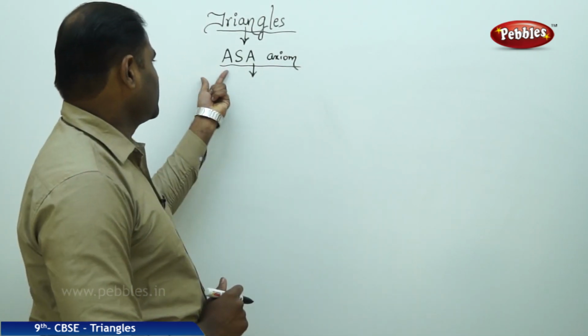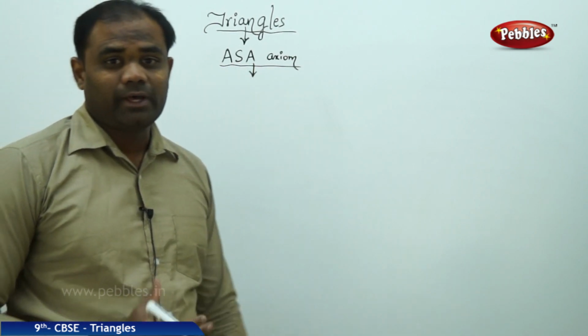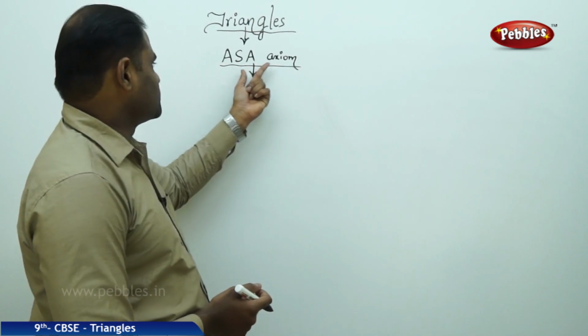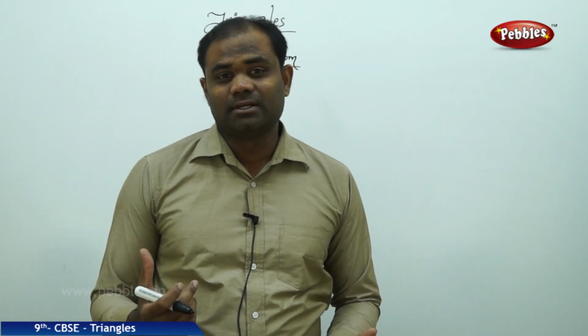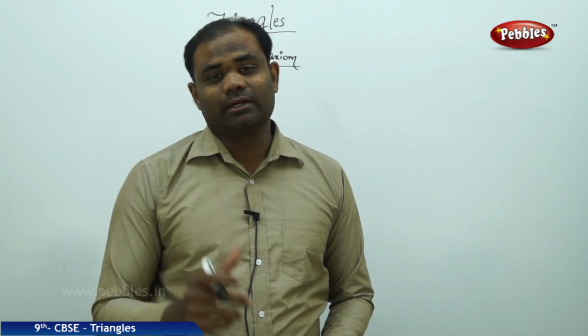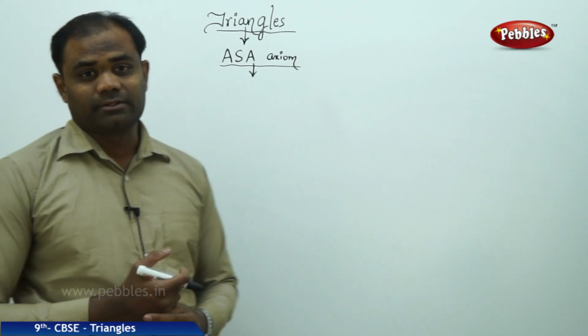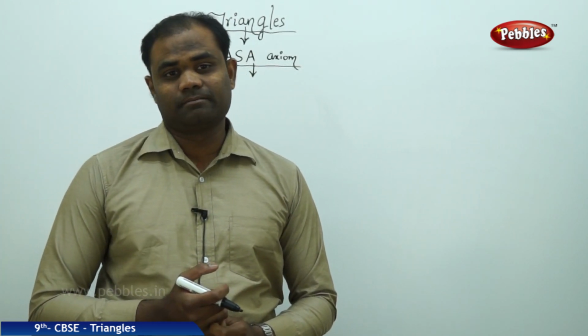A stands for angle, S stands for side, and A stands for another angle of the triangle. Imagine there are two angles given. The side in between the two angles is the included side, or the side which has the two angles connected, is how we understand the inclusive side.